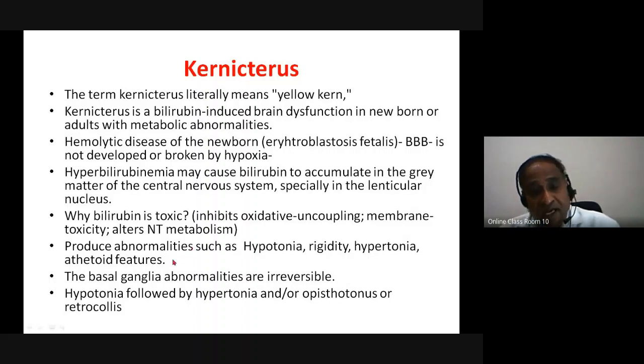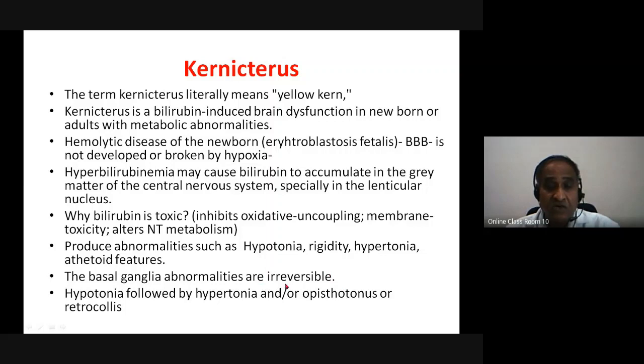Now, we can reverse the hyperbilirubinemia. We can treat the hyperbilirubinemia by whatever means we can. However, the basal ganglia abnormalities, once established, are irreversible.